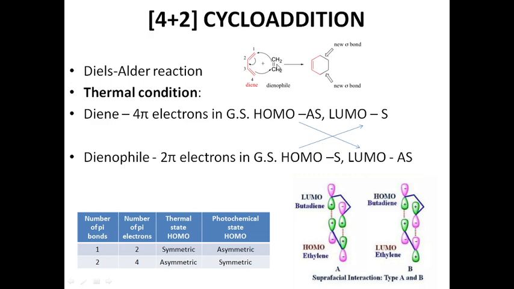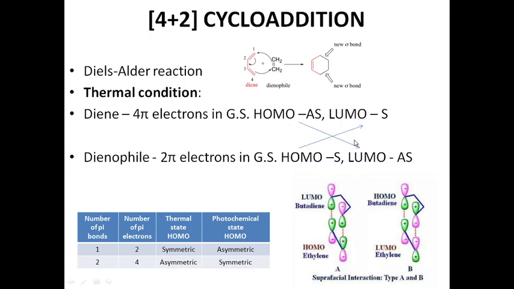I've told you 2 new sigma bonds are formed. So one HOMO is considered and the other LUMO is considered. Here, HOMO of diene overlaps with LUMO of dienophile. Again, HOMO of dienophile overlaps with LUMO of diene.